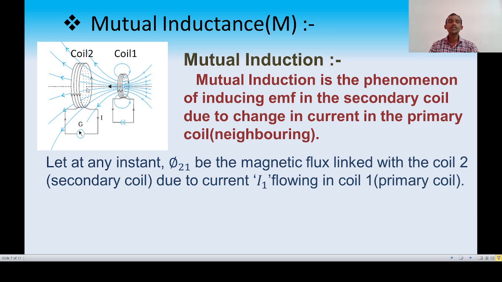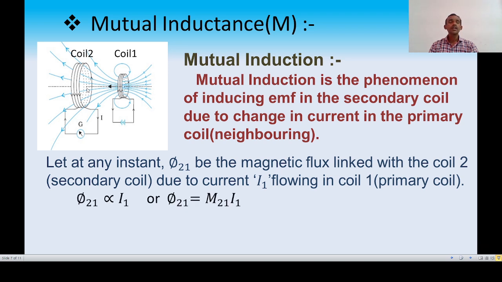That is, we pass the current in the primary coil and the magnetic flux linked with the secondary coil goes on changing here. It is observed that phi 21, the magnetic flux linked with the secondary coil, is directly proportional to the current flowing in the primary coil.